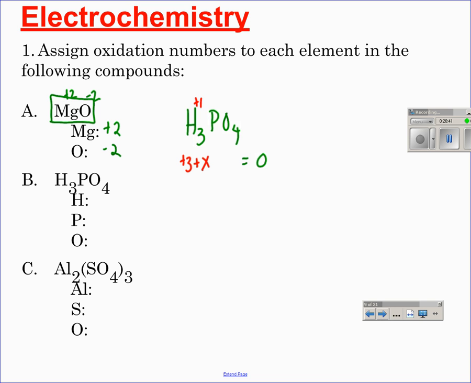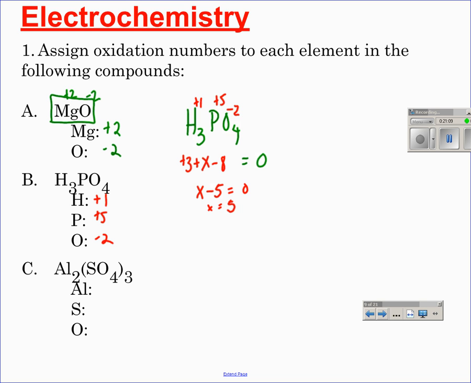And then, oxygen is a -2 oxidation number, so -2 times 4 is -8. Now, to solve this, -8 plus 3 gives me -5, so x minus 5 equals 0. X equals 5 because +5 plus 5. So phosphorus has a +5 oxidation number. So +1 plus 5 minus 2.